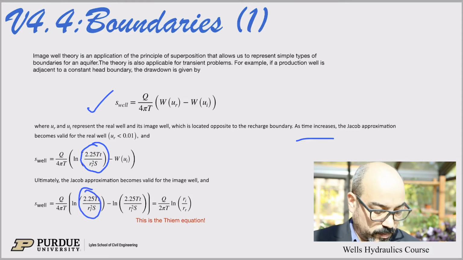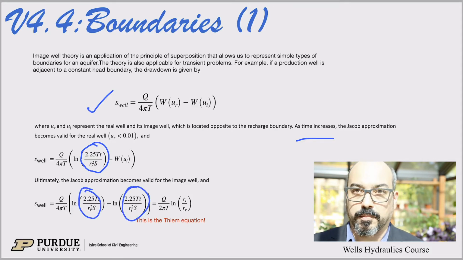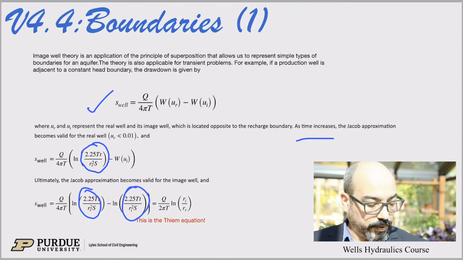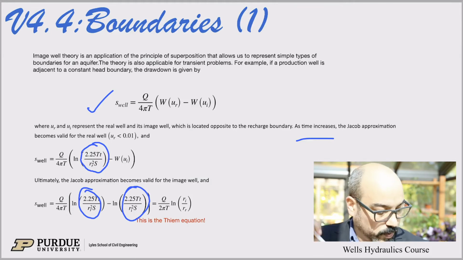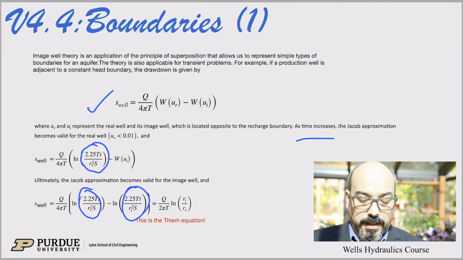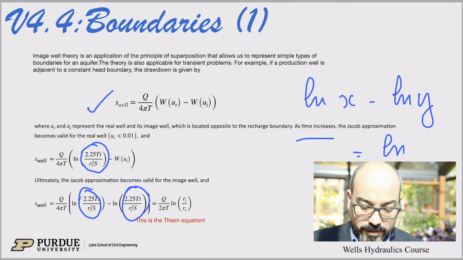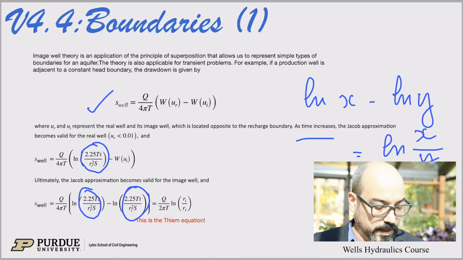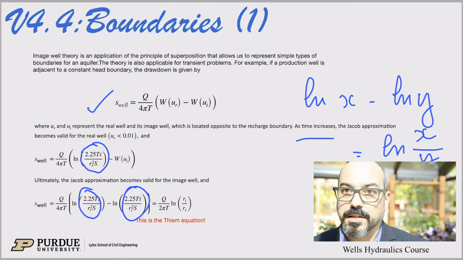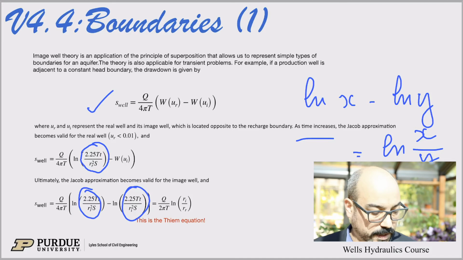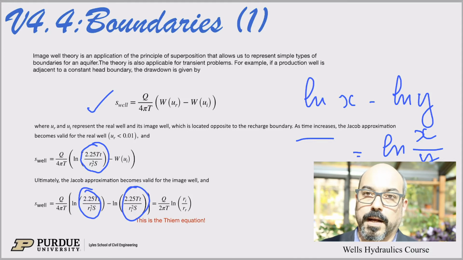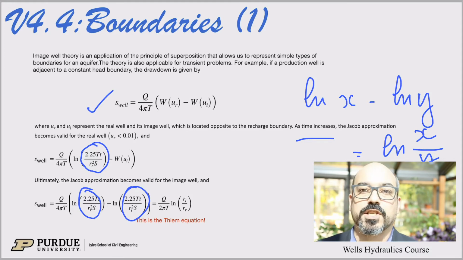So now we can write this and this, if we can use that approximation for both, and then realize that when we subtract, ln of x minus ln of y is ln of x over y. So basically all those constants are going to disappear. The only difference is the radius, the r_i and the r_r, the radius of the real well versus the radius of the imaginary well.